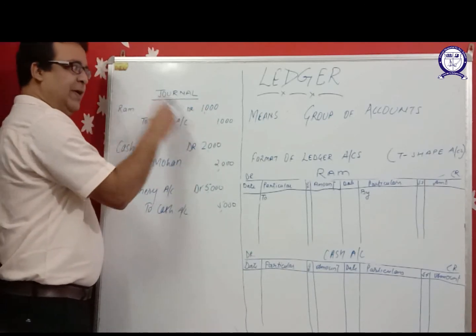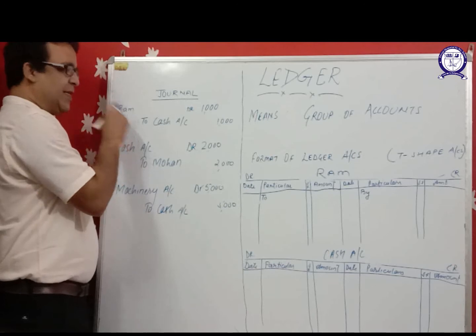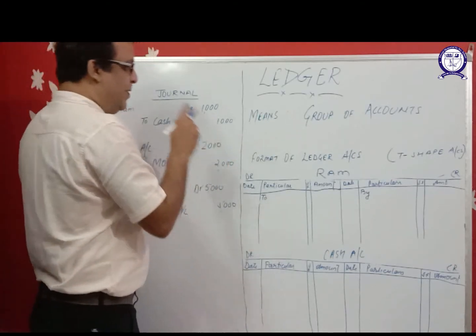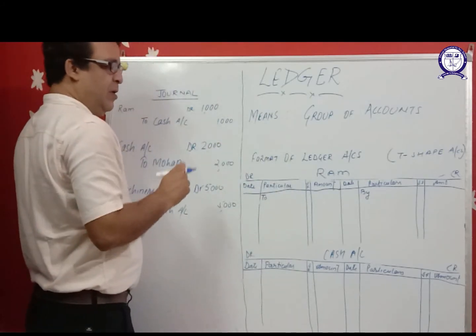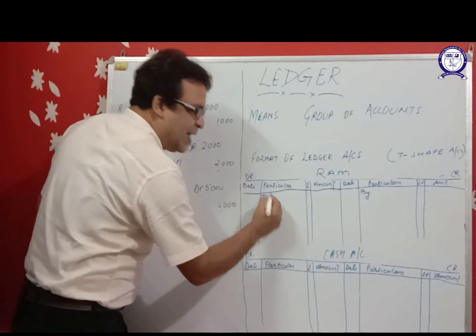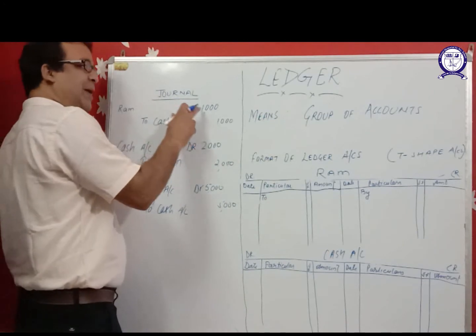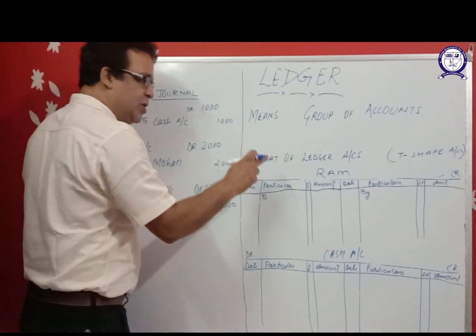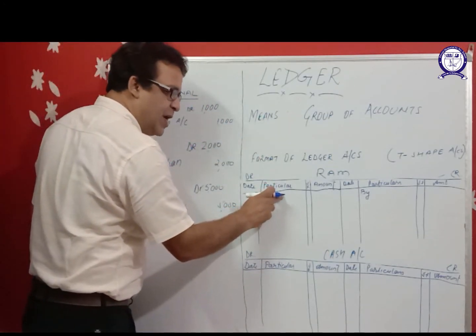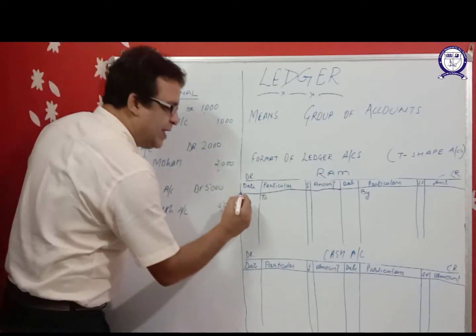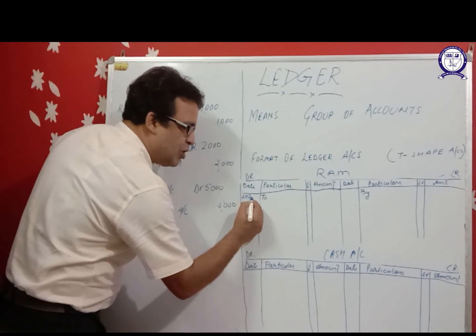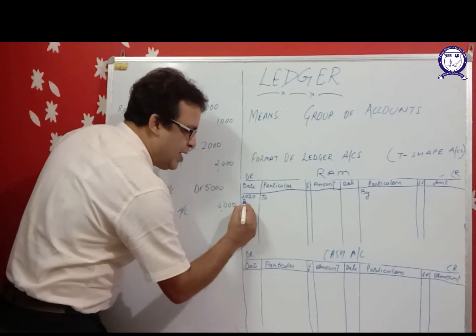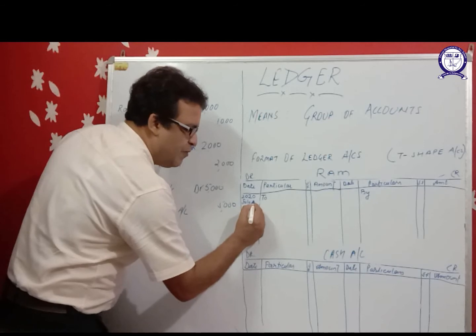In this case, when we are going to prepare Ram account, we will post on the debit side. Because Ram is debit, we will post in the debit side of Ram account. First of all, the date will be written like this. Suppose the year is 2020, July 1.